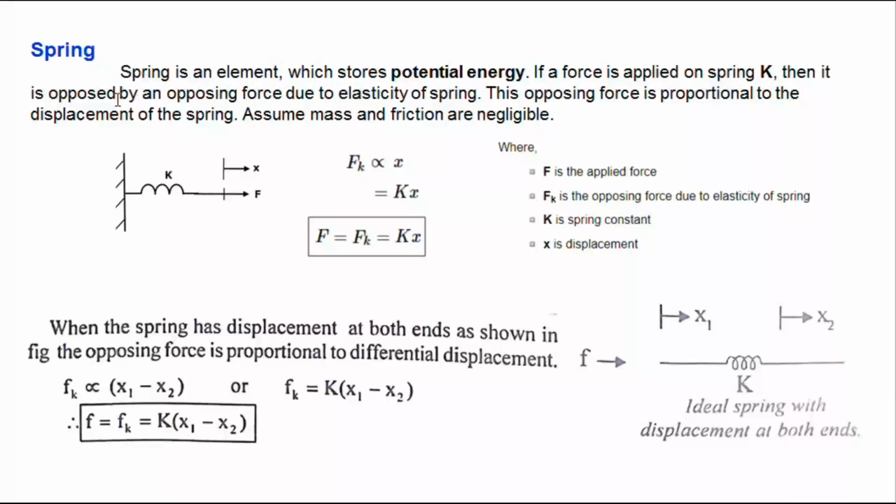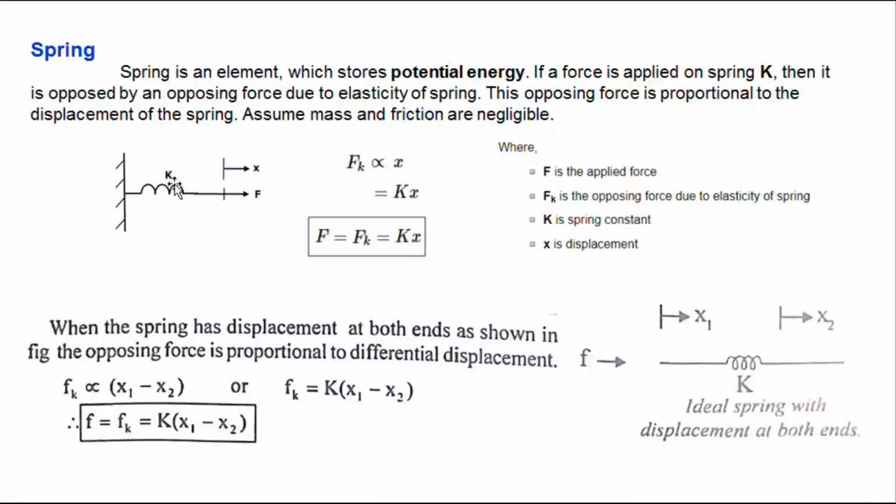The last element is the spring element. Spring is an elastic deformation that stores some potential energy. In the case of the spring element, the opposite force acting on the spring is directly proportional to displacement. Here add a proportionality constant, that is K. K is the stiffness of the spring, or the spring constant K. Generally, the spring element is indicated like a spring.